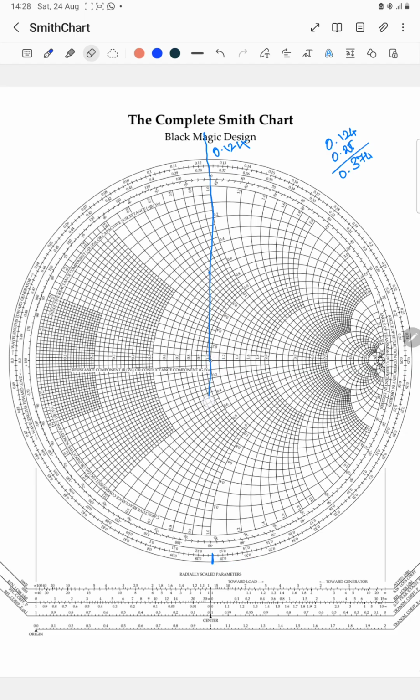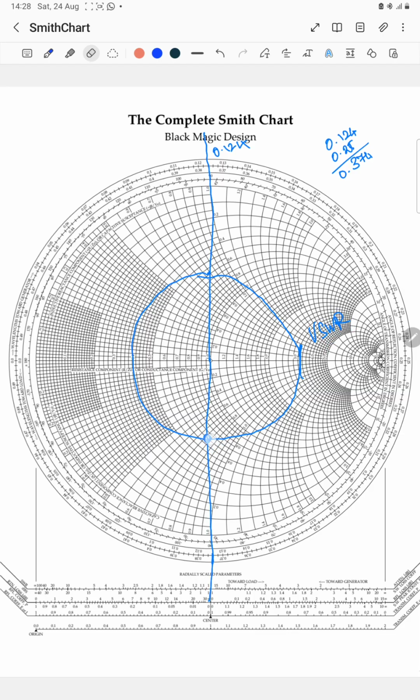You have to draw a straight line here also. Then keeping this as radius, you should draw one circle, and this is nothing but the VSWR.